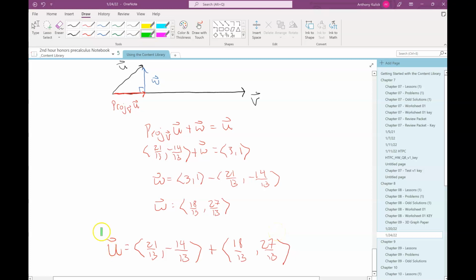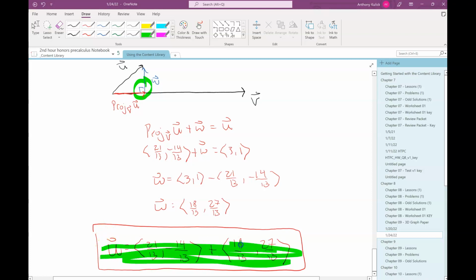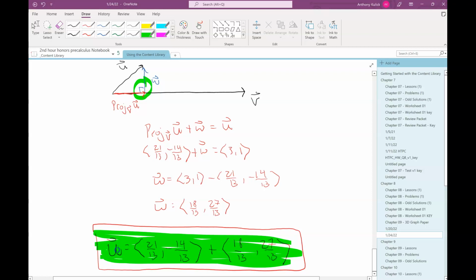And I know that these two vectors, the projection of U onto V and this vector W, are orthogonal because of the definition of the projection. So this is indeed my answer to that question that was highlighted in green.